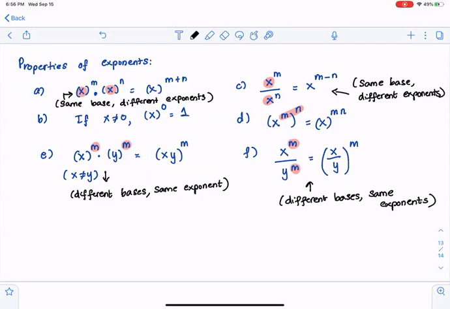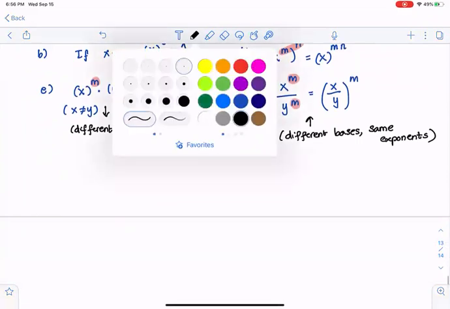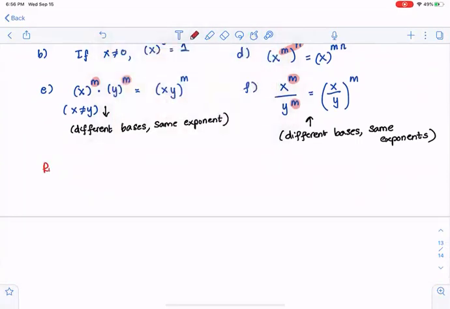So if we understand the properties really well, then we can solve any exponent problem easily. So some like to call rule C and F, are called quotient rules.